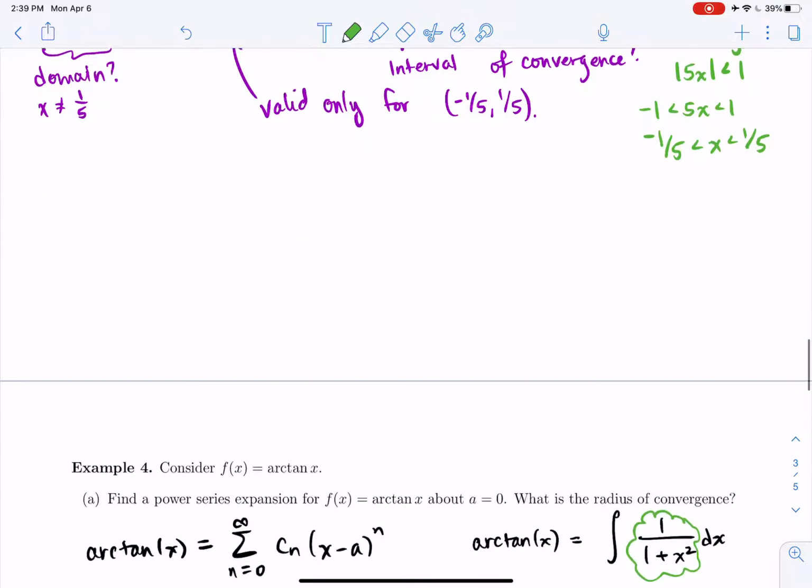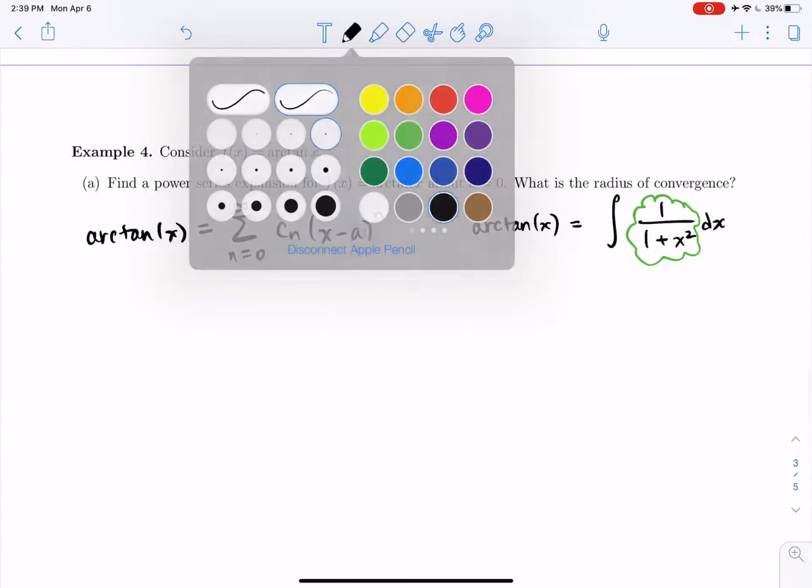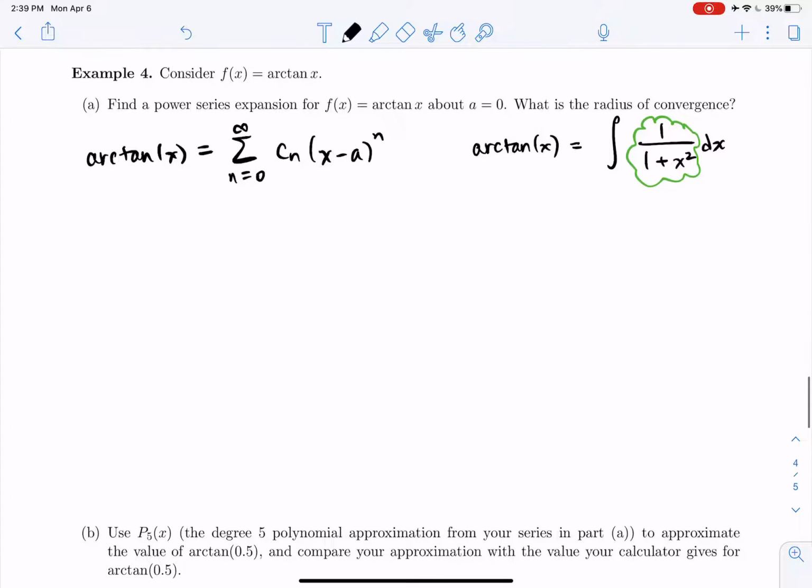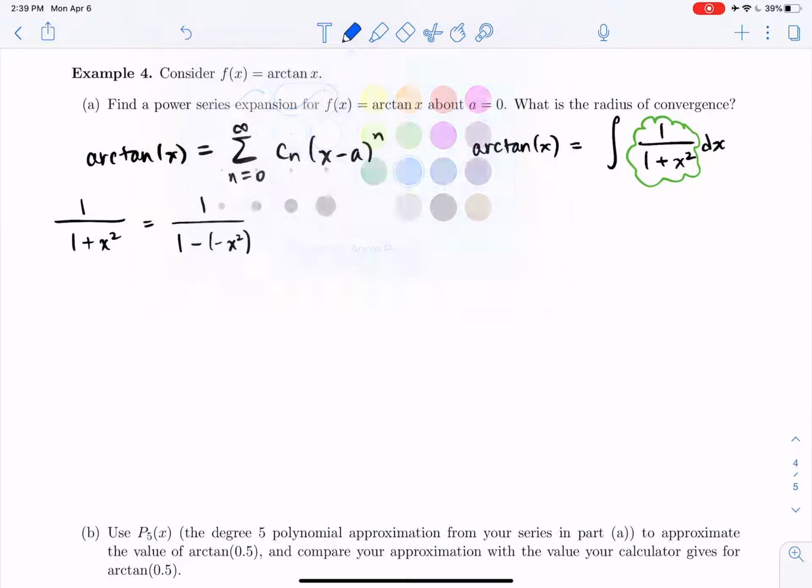So let's find a power series expansion for 1 over 1 plus x squared because it kind of looks like 1 over 1 minus x. We have to do a little trickery to make it look like that, but there it is. So this looks like 1 over 1 minus negative x squared.